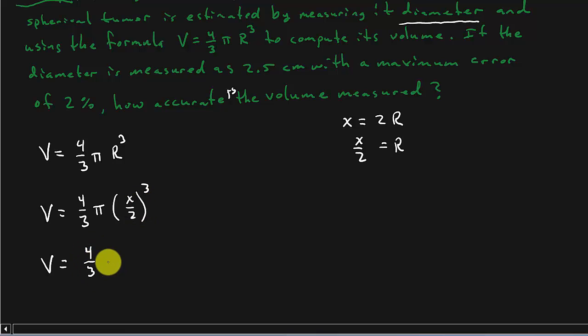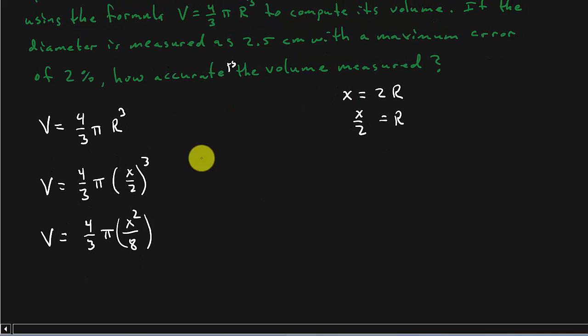Let's write everything out. I was going to take a shortcut, but I won't. And so now our volume is equal to 1/6 pi X cubed. So there's your volume. We have our formula now.